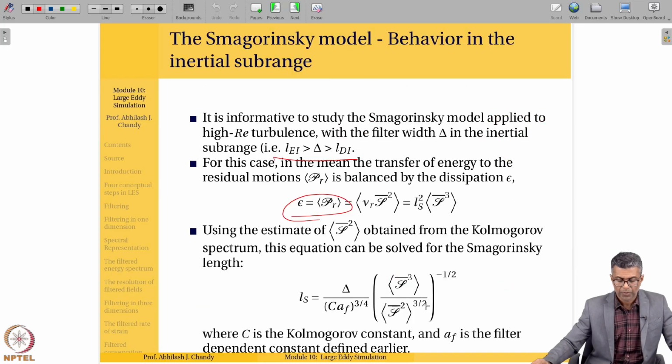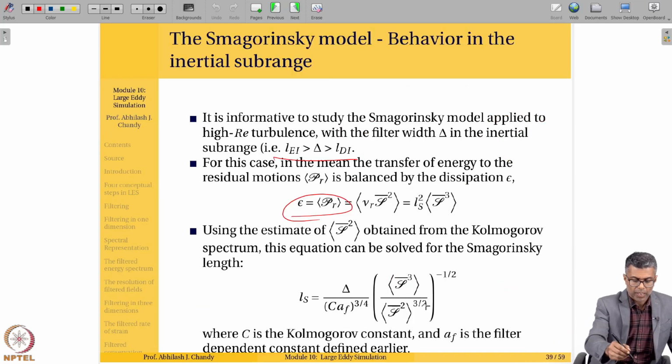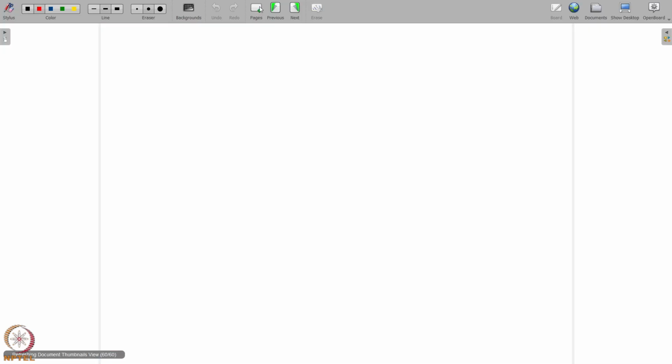We were here, and I will have to derive this out. So what I do is, I know that S bar squared is C AF epsilon to the 2/3 delta to the minus 4/3.